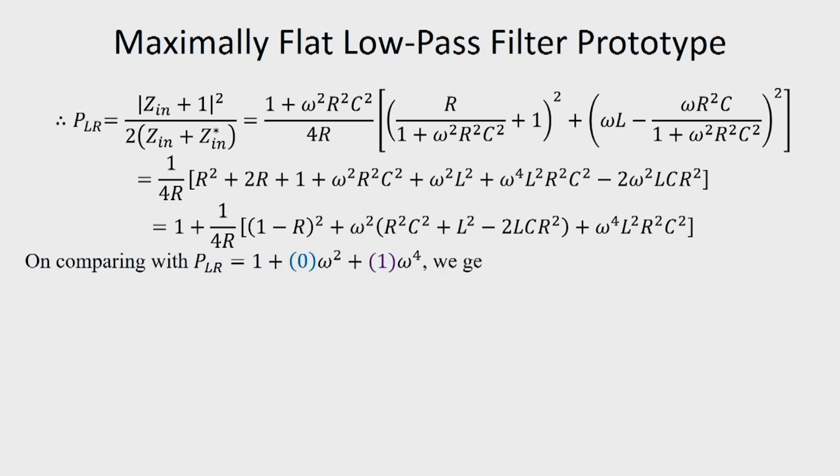We know that PLR is an even polynomial in omega square, and we saw that in our case when n is equal to 2, it is 1 plus omega to the power 4.